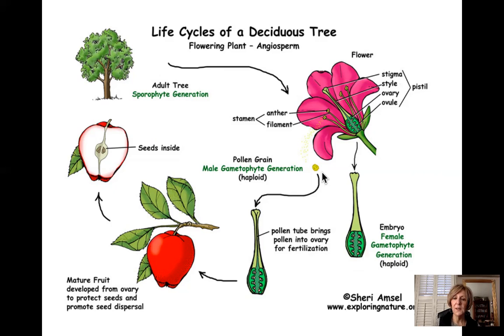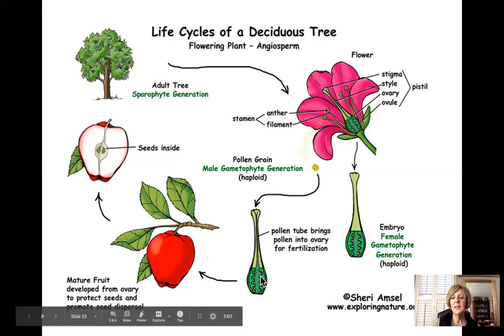And when this male gametophyte goes down, it actually grows a pollen tube down to where these ovules are. So they're the N cell here. You have fertilization there, and then you kind of have a pregnancy, so to speak.